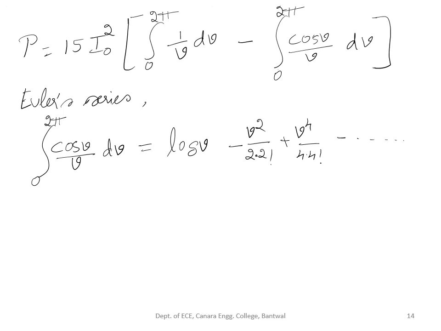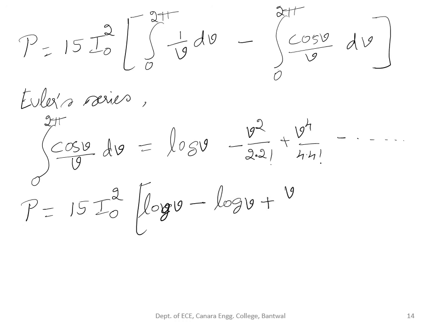When I use this in the above equation, I get 15 I naught square times [integration of 1 by v for limit 0 to 2 pi, which is log v, minus integration of cos v divided by v dv for limit 0 to 2 pi, which is log v minus v square divided by 2 into 2 factorial plus v to the power 4 divided by 4 into 4 factorial minus v to the power 6 divided by 6 into 6 factorial and so on].